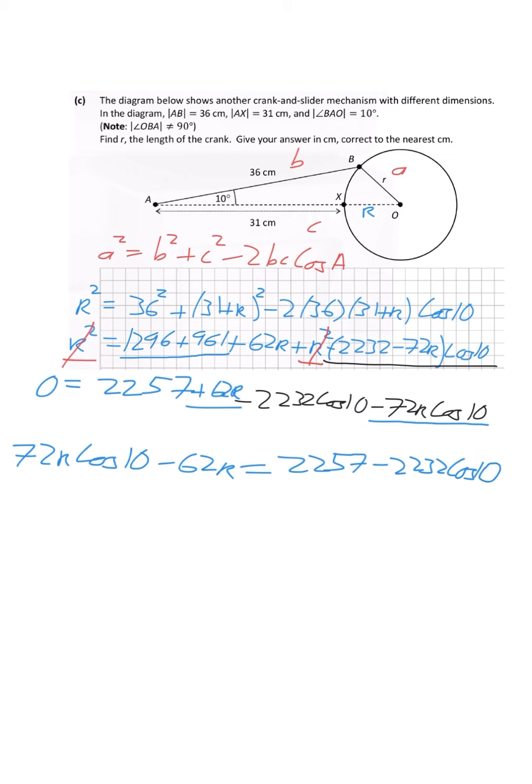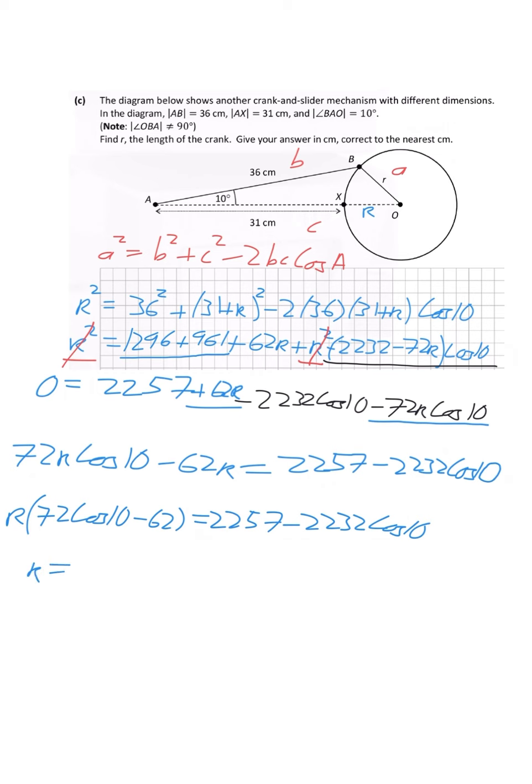Now on the left, I can factorize out R. So I'll have R times (72 cos 10 minus 62) is equal to 2257 minus 2232 cos 10.